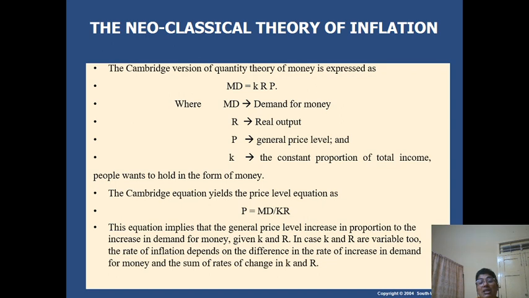Whereas the demand for money for meeting unforeseen contingencies in the future, represented as k, when k increases, price level falls. This is known as the neoclassical theory of inflation. I hope it is clear to you.